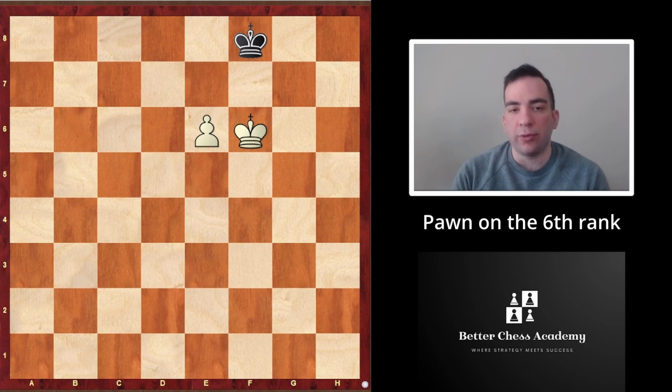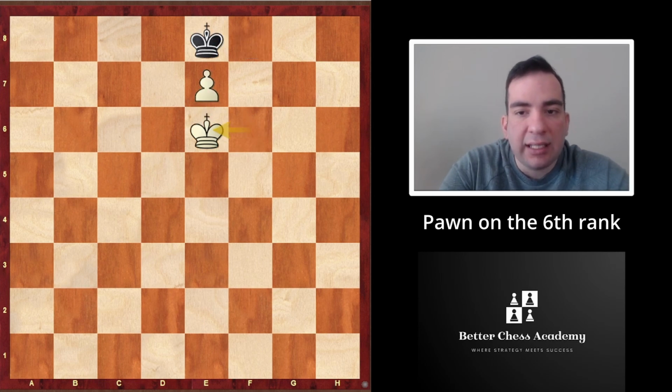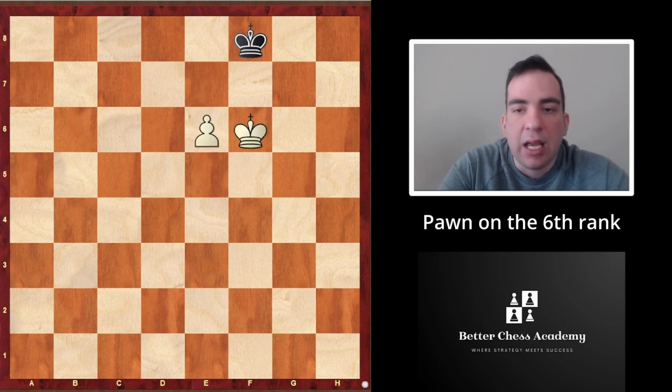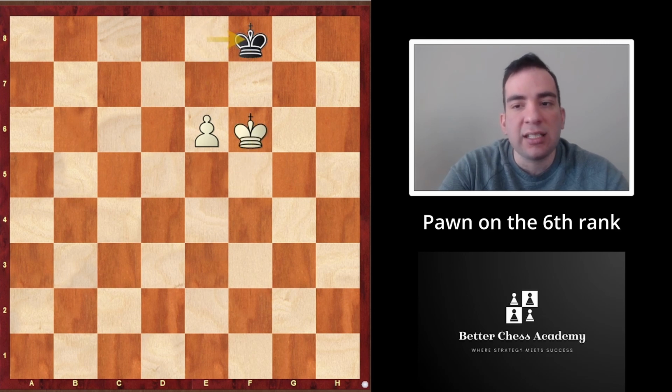If it's white to move, so black has the opposition, then it's a draw, because after e7, king e8, king e6, it's stalemate. And if king g6, king e7, king f5 and king e8, a move we're going to see later on when we are going to discuss the defense when the opponent has one pawn, king f6 and king f8, we reach the same position as the beginning.